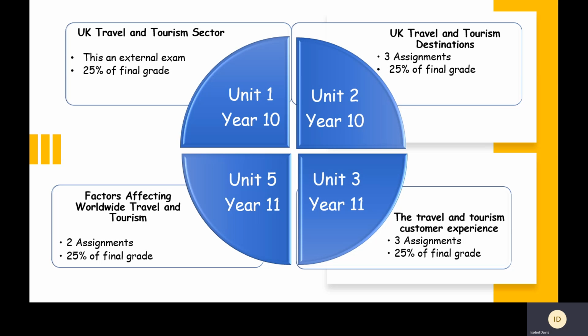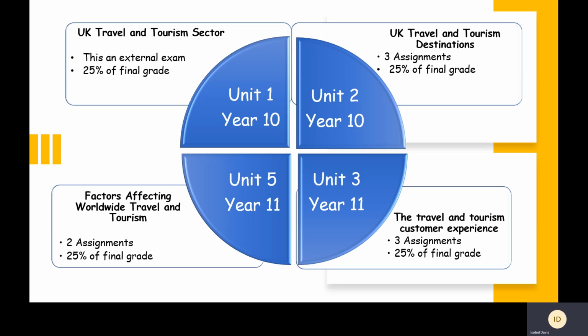So we look at lots of different reasons why travel and tourism is affected, and COVID-19 will form a really important section as well. We're living through that at the moment, so it'd be brilliant to use our knowledge and understanding from that and build that into our coursework as well. A little bit different, Unit 5 is only 2 assignments, so that's still worth 25% of the grade, but it's just 2 assignments on that one.